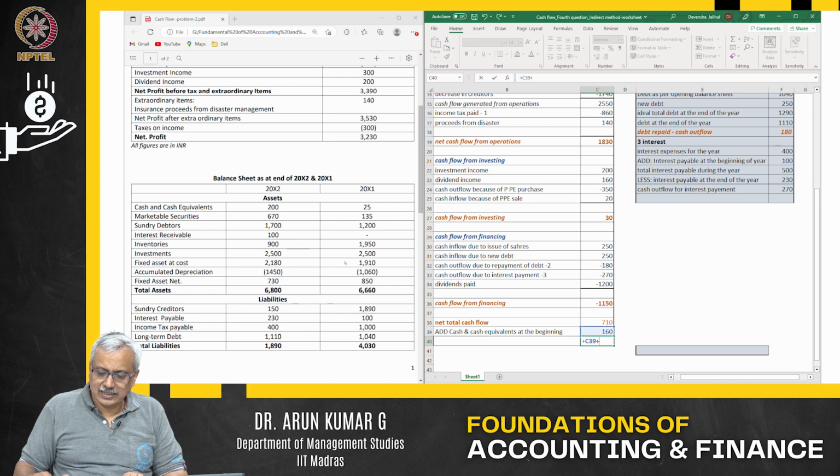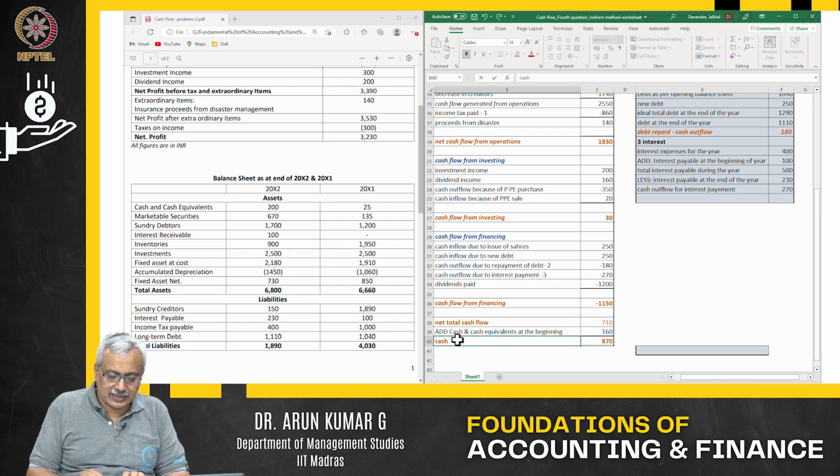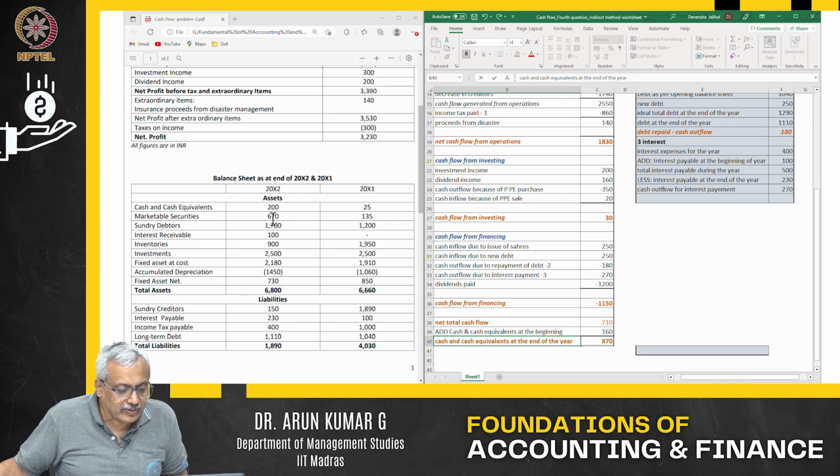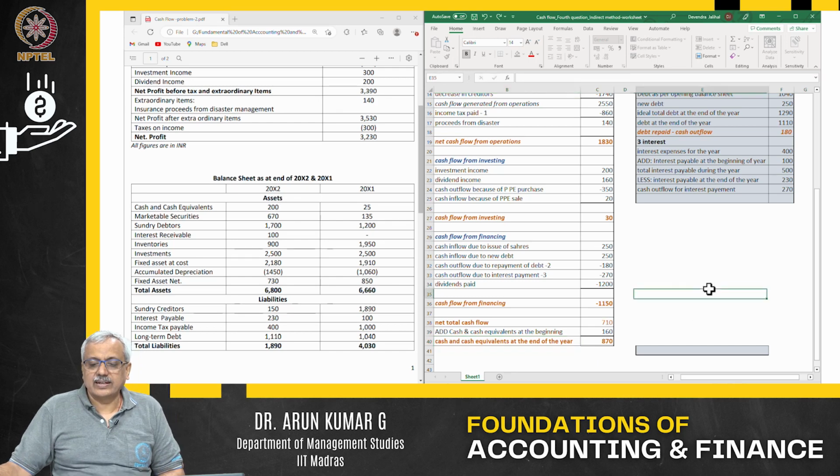So, what is the cash and cash equivalent at the end of the year? 870. As you can see, cash and cash equivalents at the end of the year is 870, and that is what we see, 200 plus 670, exactly.